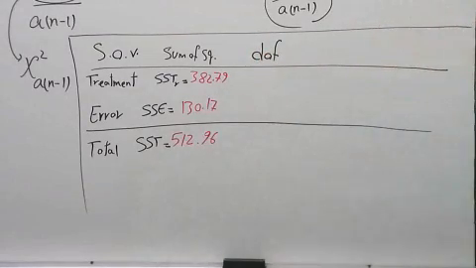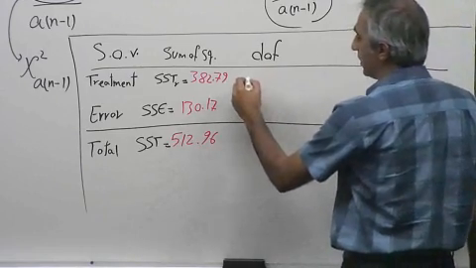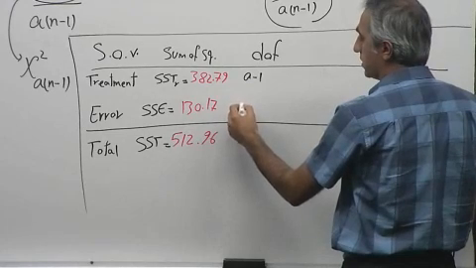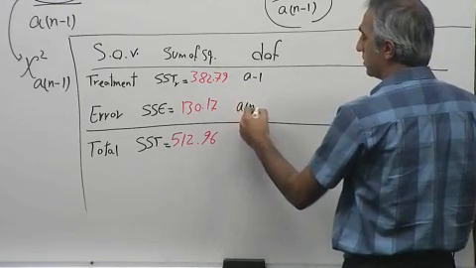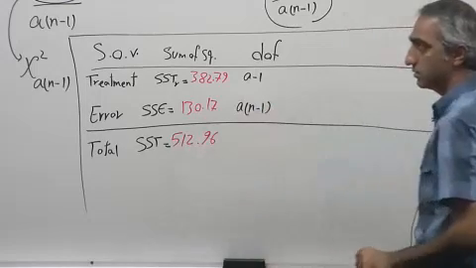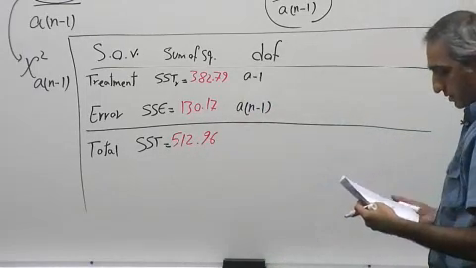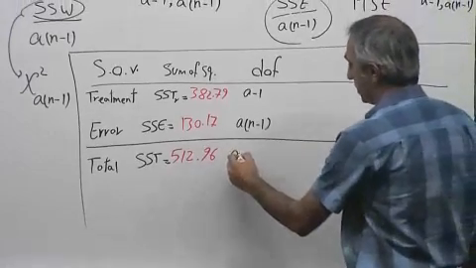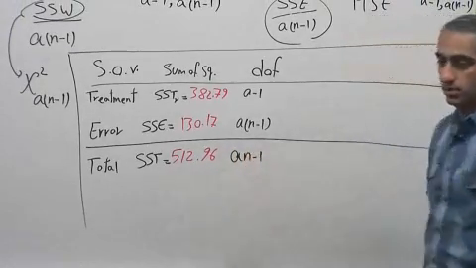Then we have DOF, or degrees of freedom. For treatment it is A minus 1. For error it is A times (N minus 1), and for total it is AN minus 1.